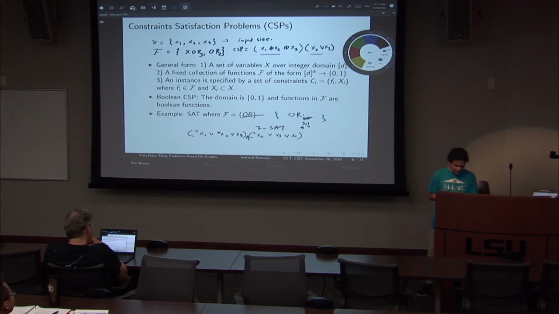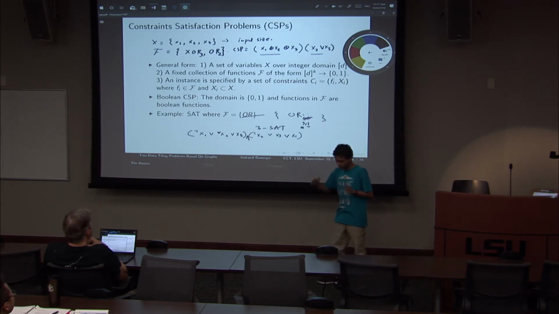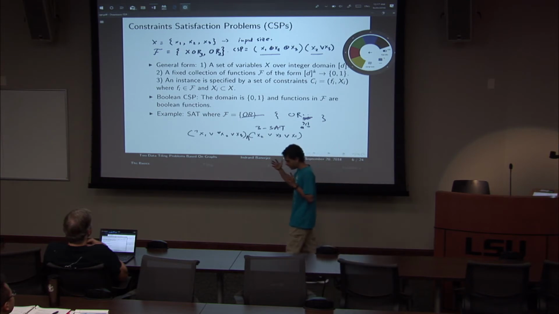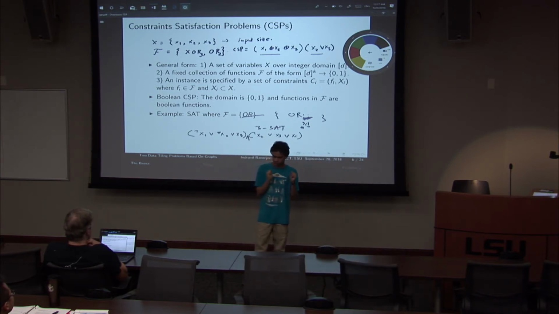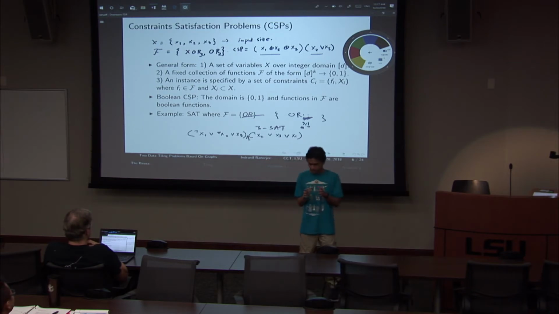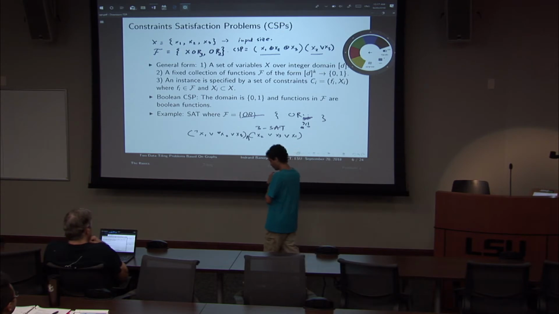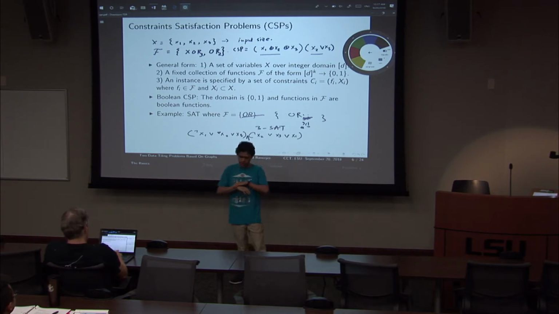Okay, so there are many objectives when you have a set of constraints. First, the most well-known one, is called the satisfiability problem. Here the goal is to find an assignment which satisfies all the clauses, or say there is none.